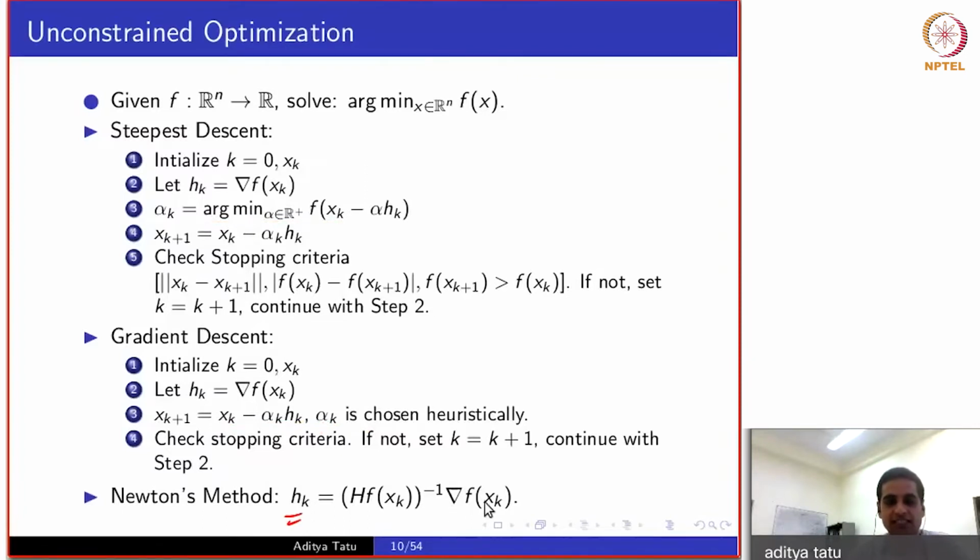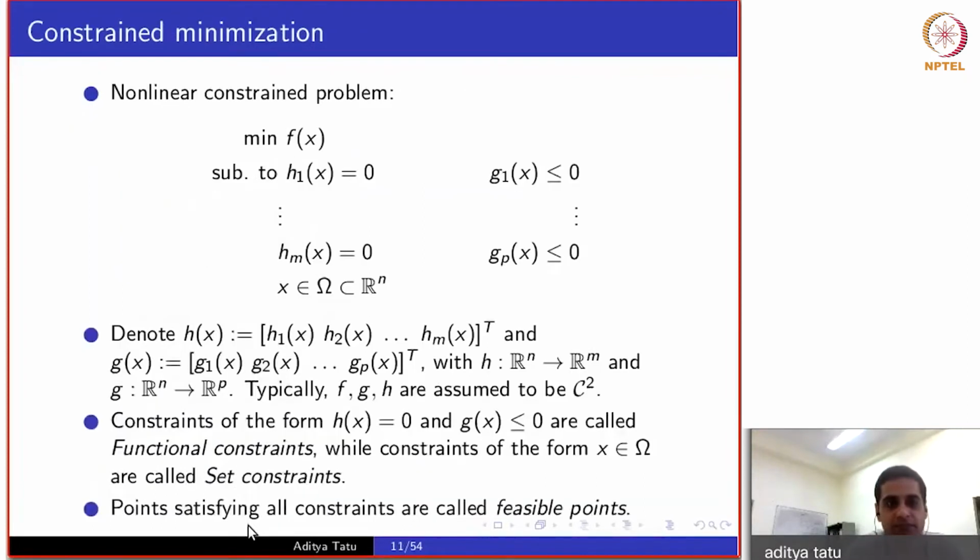The search direction is now not only dependent on the gradient, it is also dependent on the Hessian of the function. I hope all of you are familiar with the Hessian of a function. So that is the only difference here. This is sort of an overview of unconstrained optimization.